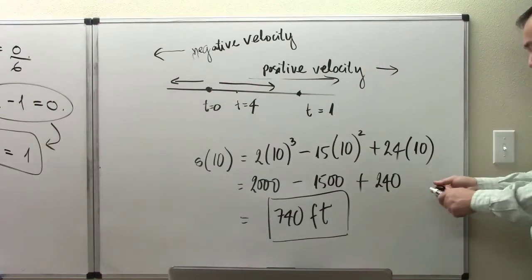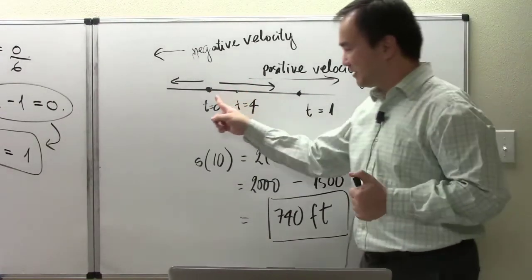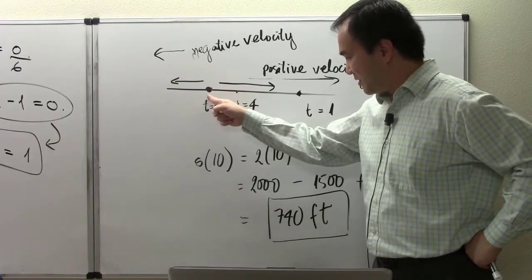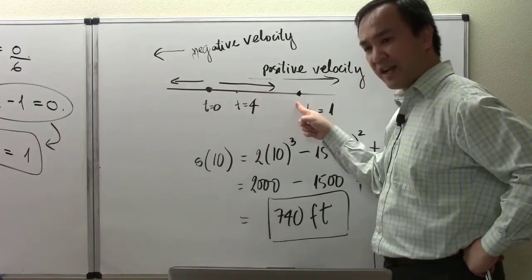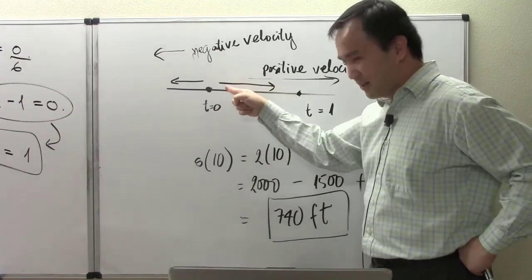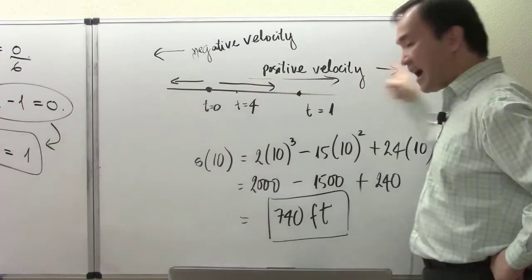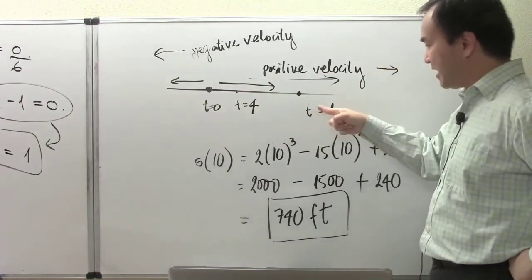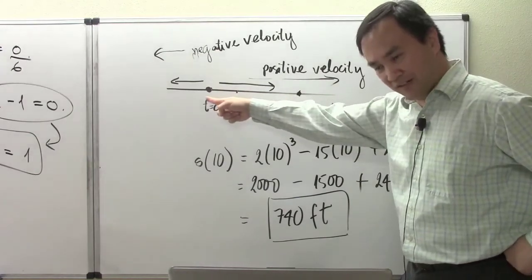Back to what I was explaining based on this picture. The particle going from 0, about 1 second later made some distance and headed its way back, and then continued heading out. So it's going from here, 1 second, then 2, 3, and so on.